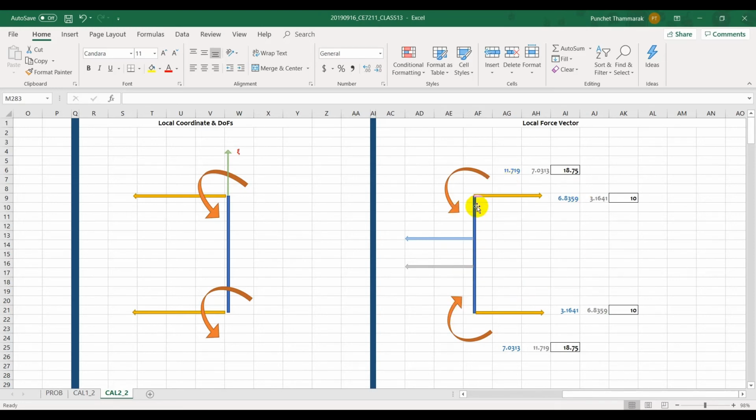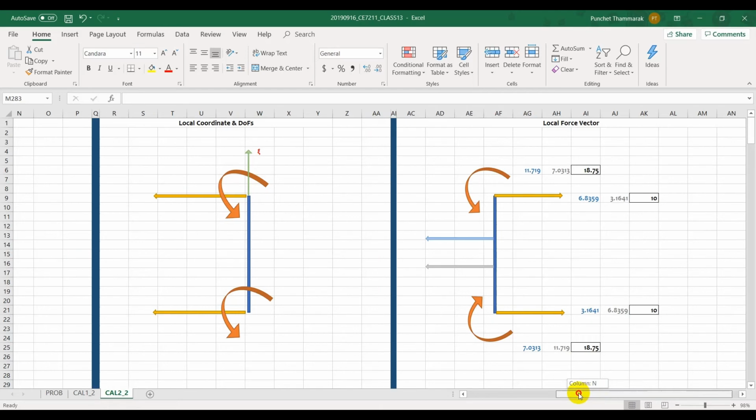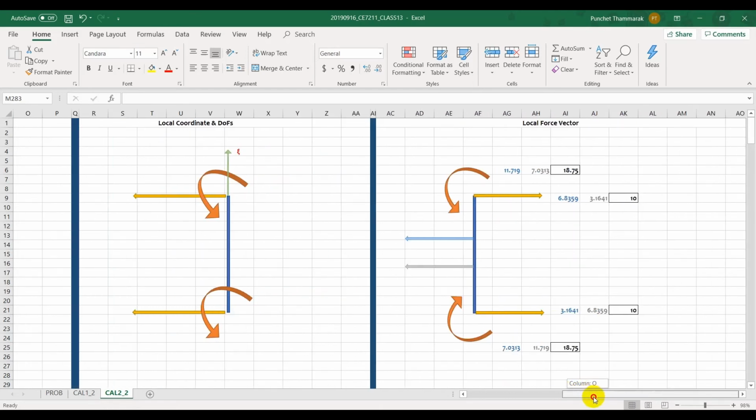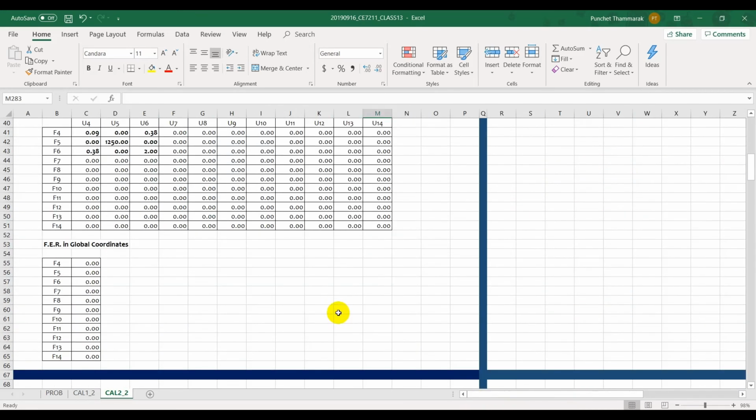You can see that the force vector we come up with as the effect from these two forces. We have it going to the right and these two. And that means when you establish the array for the fixed end reaction, you need to address the sign that you have from the local coordinates before.